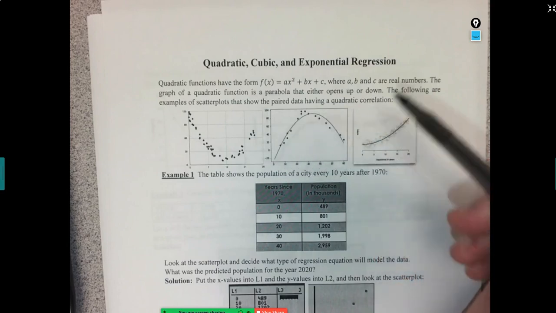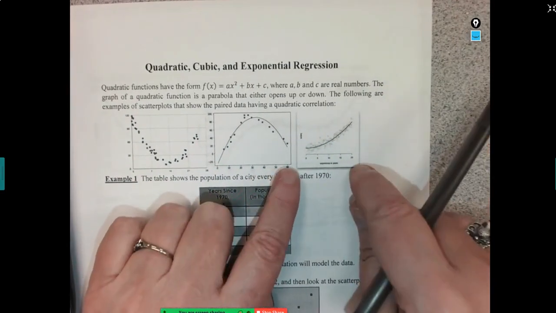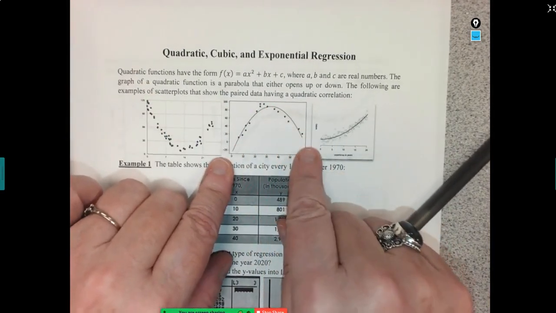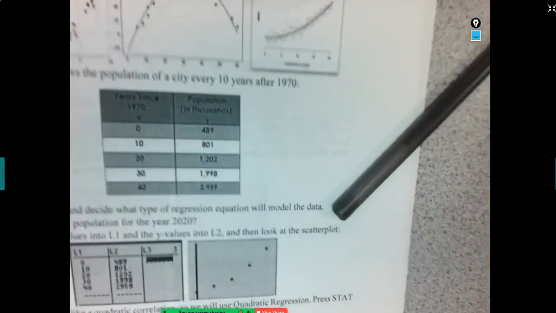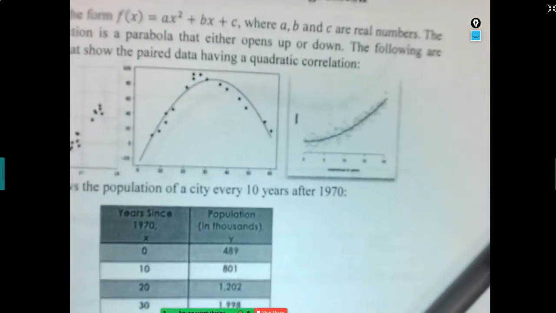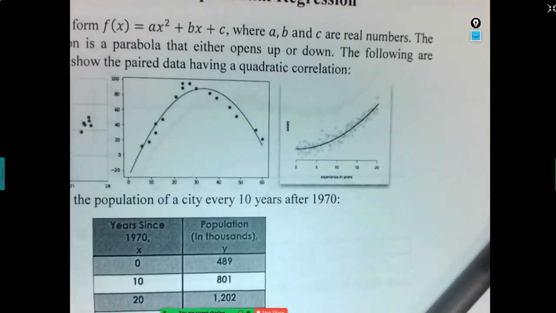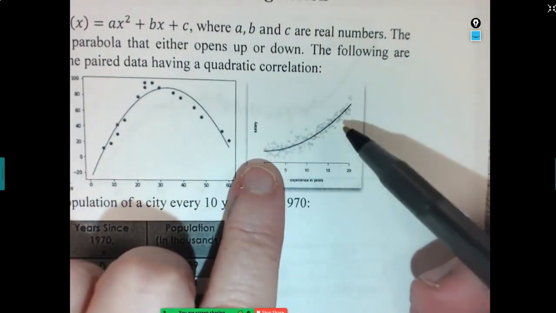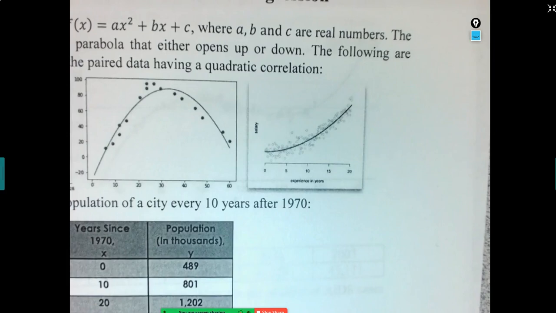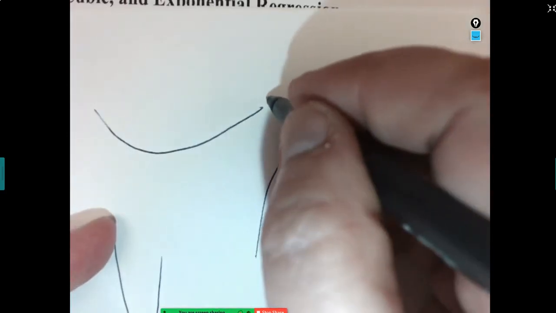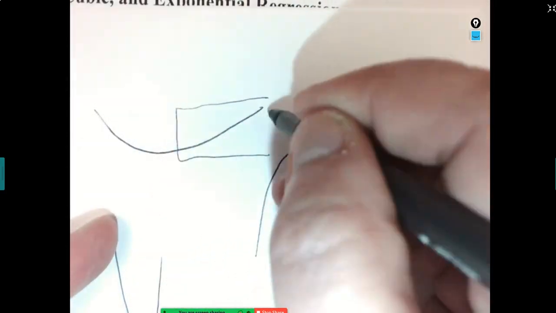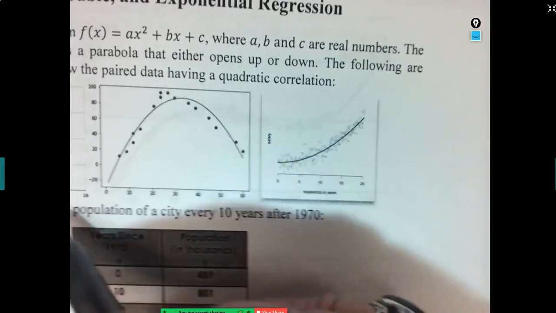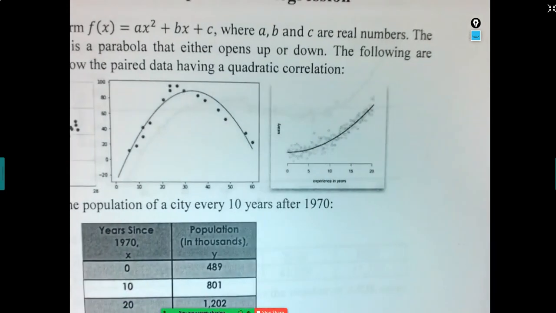Same here. Here's one that opens down. But we want to make sure we understand you don't always get the complete hump, as it were. You can have this situation where these dots are coalescing around a part of a quadratic function that doesn't show you the entire hump, like what's being done in these two.